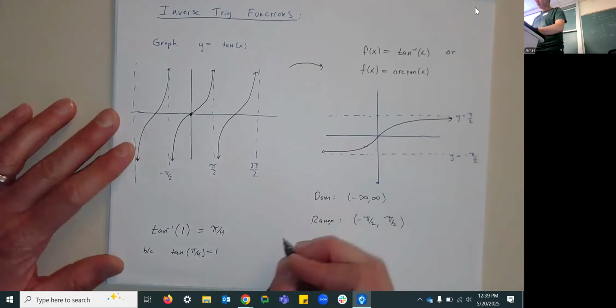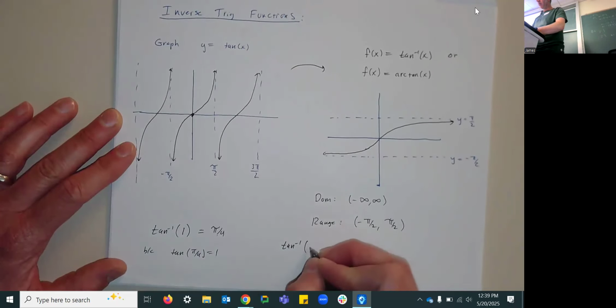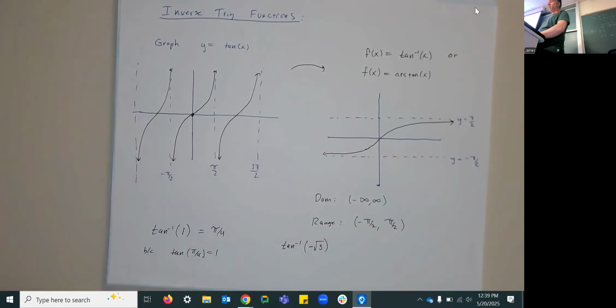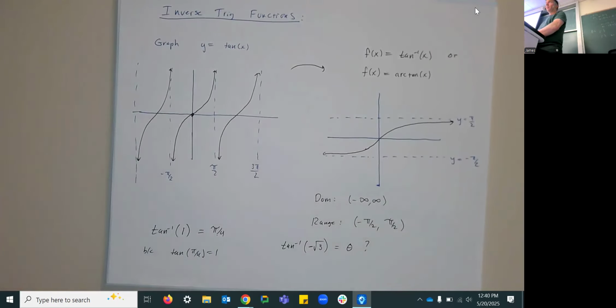If I wanted to find the inverse tangent of, say, the negative square root of 3, which is hard for me to think about, well, I'm trying to say, what angle is that equal to? I'm not sure, but I know that it's supposed to mean that tangent of that angle is equal to negative root 3.